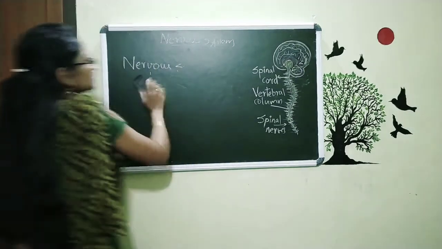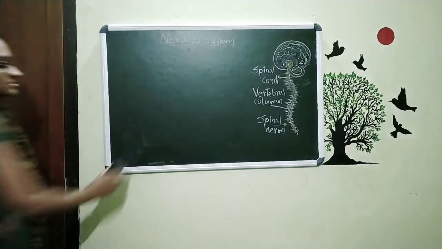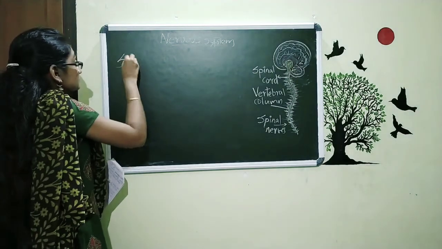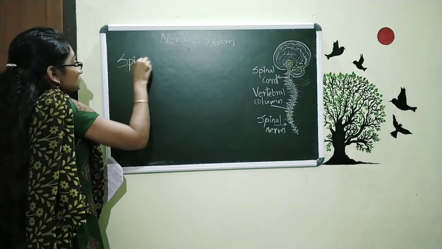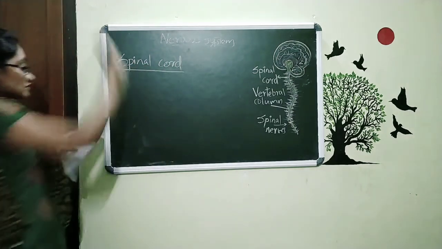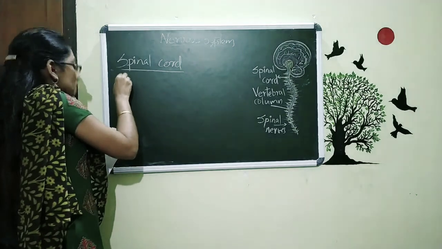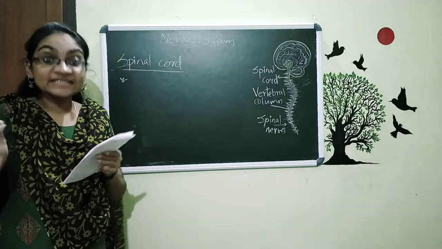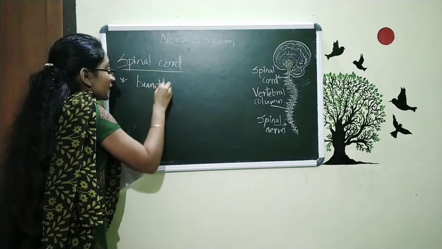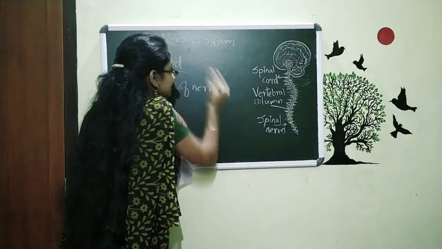We already know this term spinal cord. We discussed it in the last chapter. So what is this spinal cord? The spinal cord is a bundle of nerves.